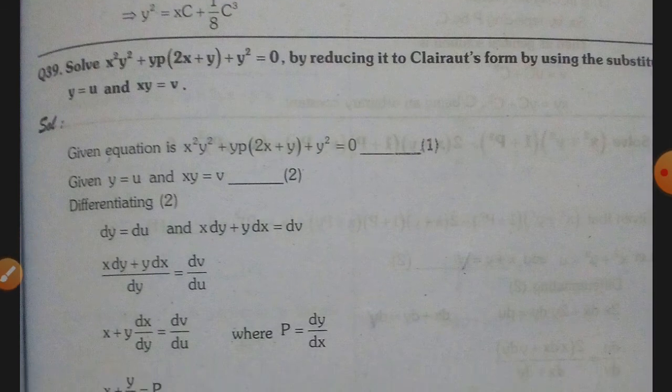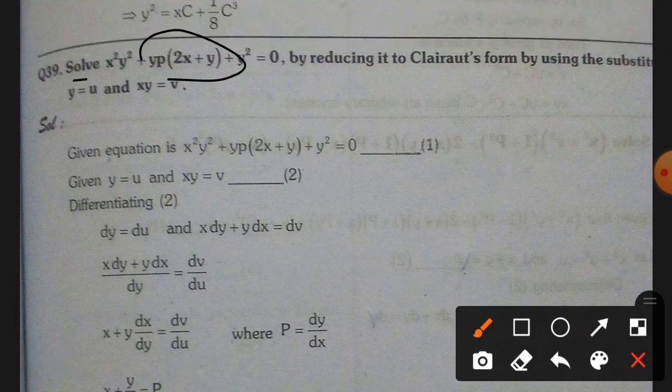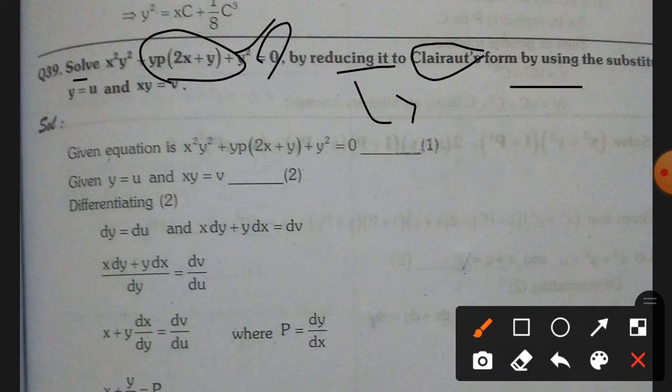Now some more problems. x square y square plus yp into 2x plus y square equals 0. Here we are given the question to reduce to Clairaut's form using a substitution.